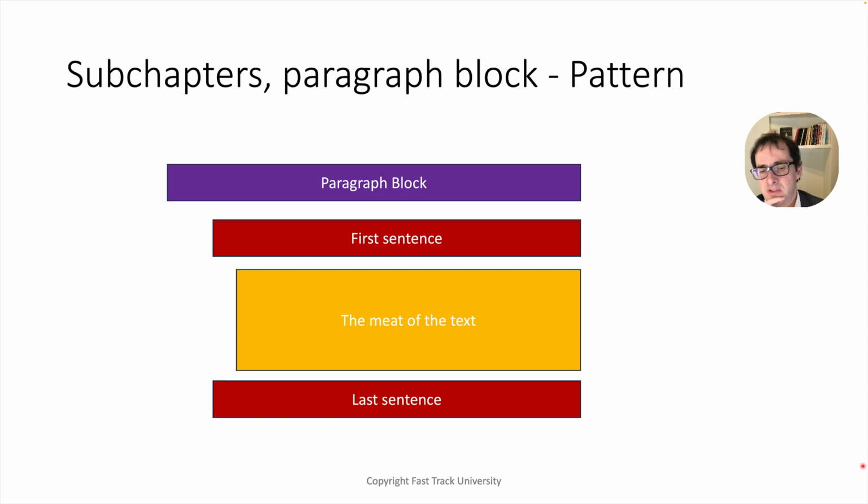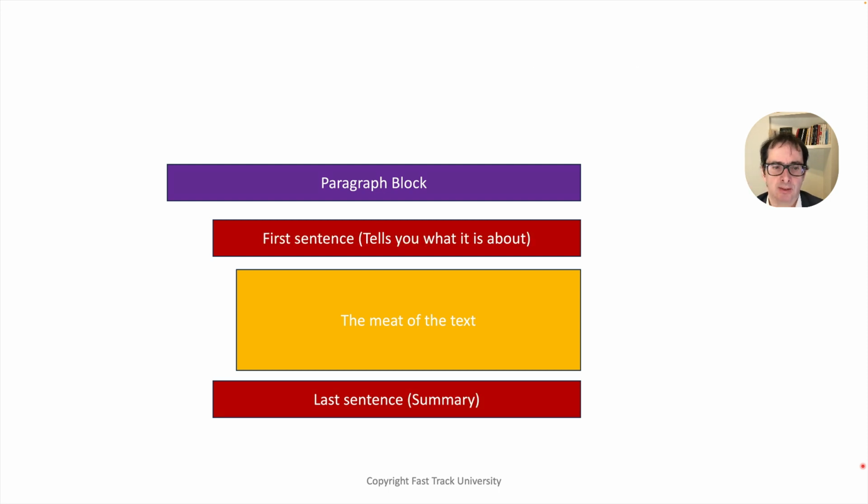The meat of the text is best read last. Sub-chapters tend to start with a couple of sentences and end with a couple of sentences. It can be a bit bigger, but it gives an idea of using that pattern: first knowing what it's about, and then going to the summary. So you read the first sentence, then the last sentence, and then the rest of the text. By jumping back and forth, you have much more insight into the story.